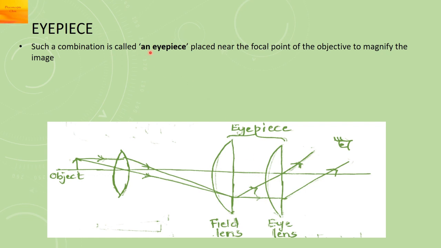Such a combination is called an eyepiece, placed near the focal point of the objective to magnify the image.